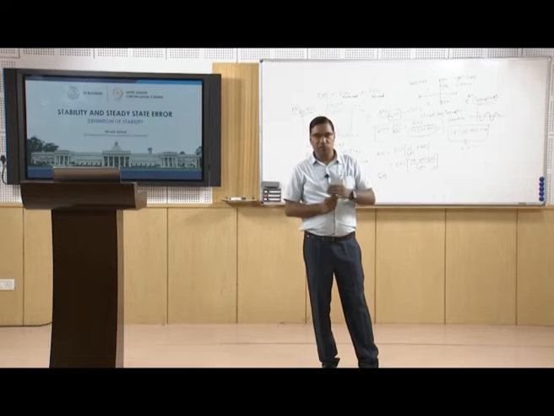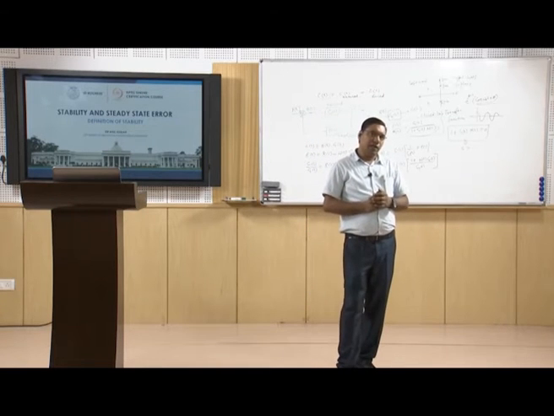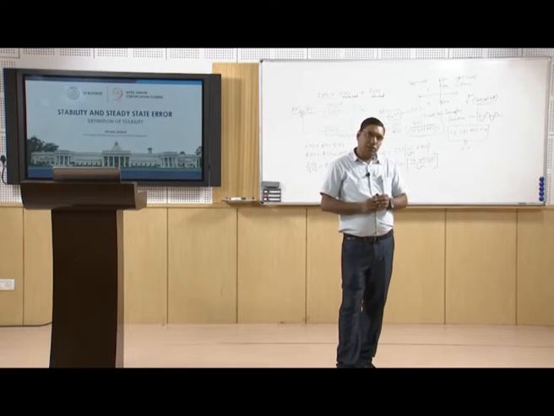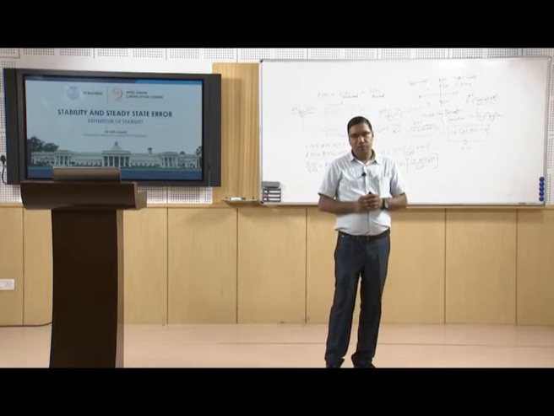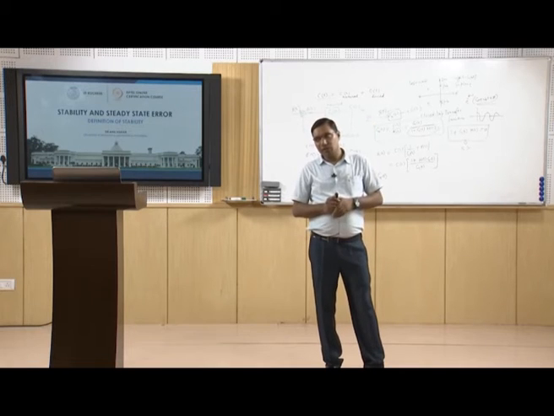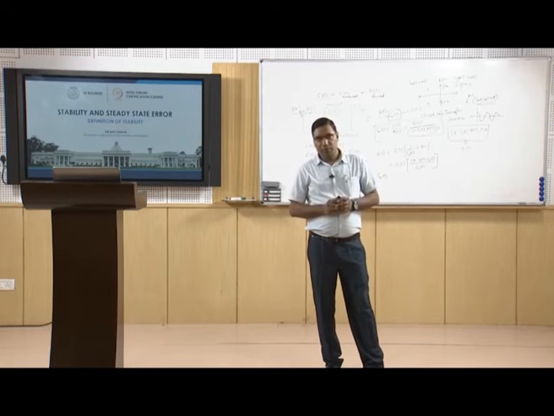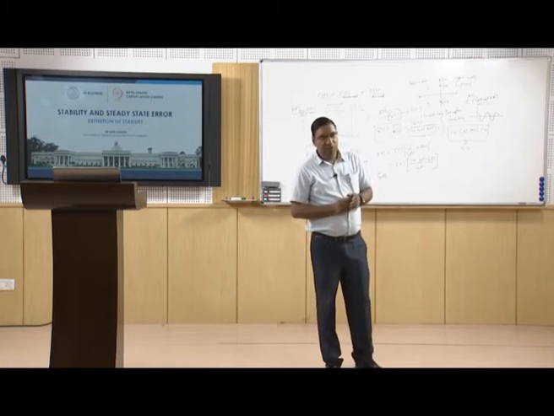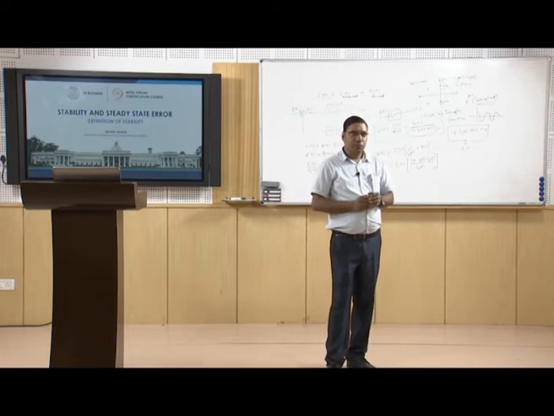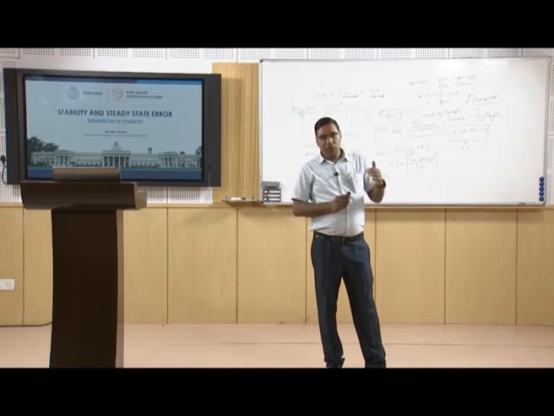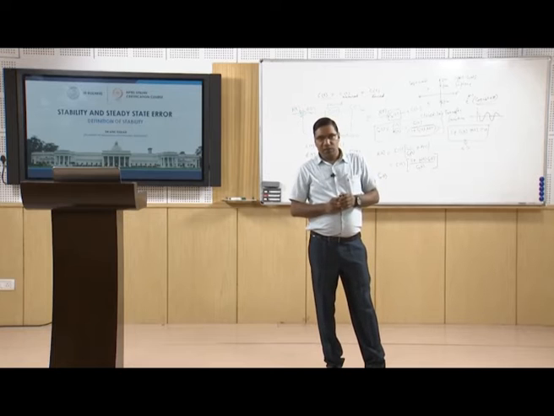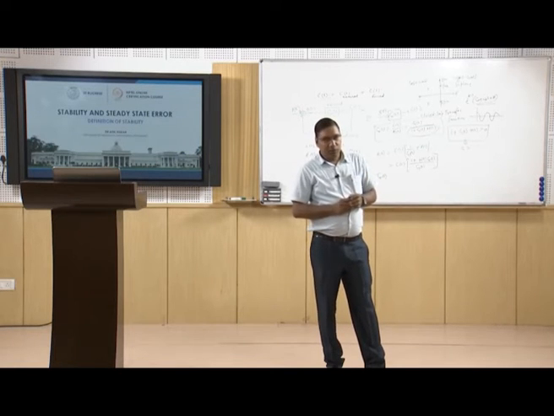If it decays to 0 with time, then the system is stable. If it oscillates with constant amplitude, then the system is marginally stable. With total response, the transients must decay with time and lead to the steady state value, then only the system is stable.